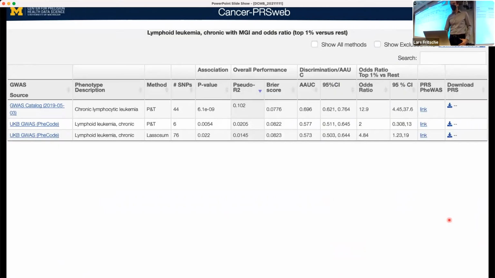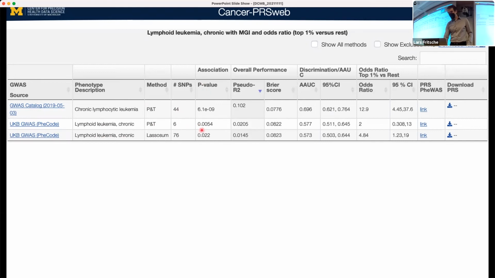In this case, we generated 3 PRS for chronic lymphoid leukemia, and you can see the GWAS sources, GWAS Catalog, and then 2 MGI Biobank GWAS datasets we used. There's information about the method, how many SNPs were used, and this is sometimes helpful if you want to avoid working with a PRS that includes 1 million SNPs, and there's another one that only includes 100 and performs almost as good, then you probably might opt for the other one.